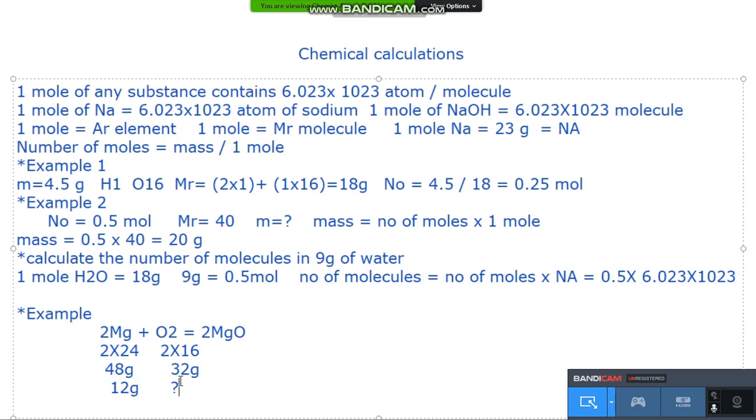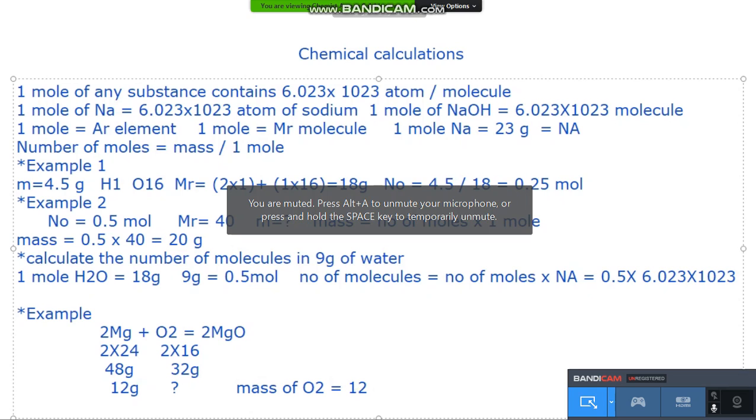So what is the amount of oxygen needed to react with 12 grams of magnesium? As I said, we make cross multiplication. We want to calculate the mass of oxygen.